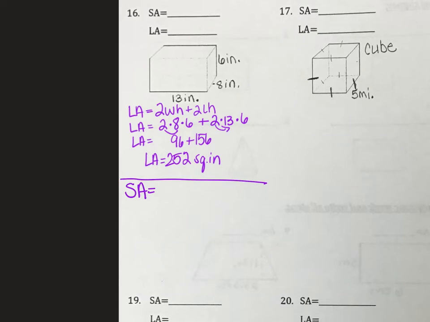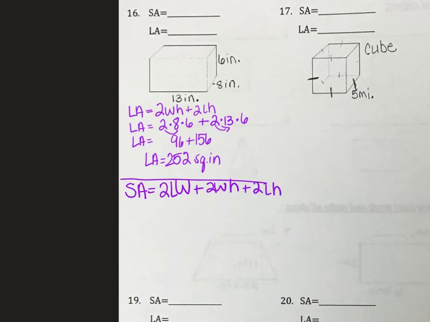Watch the formula. Surface area equals 2 times length times width plus the lateral area: 2 times width times height plus 2 times length times height.